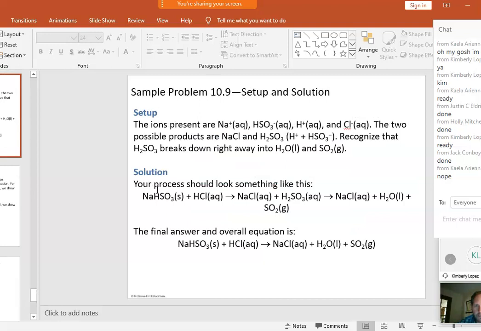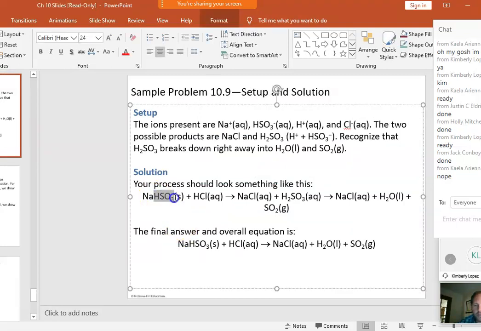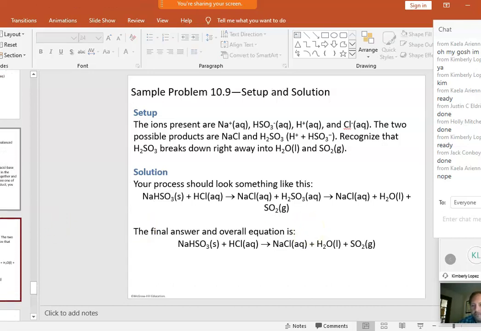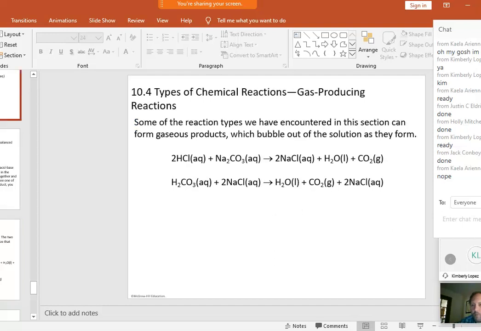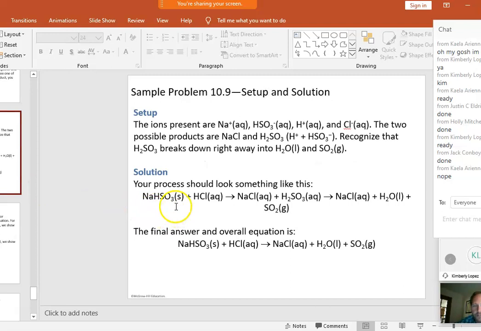So let's see the gas. Here's an example in this book where they talk about all these sulfur compounds forming SO2. I'm not going to go over that. You don't have to know that, but it's just another ion that forms a gas. We just basically talked about all of the carbonates, but you can also do it with this bisulfite ion as well.